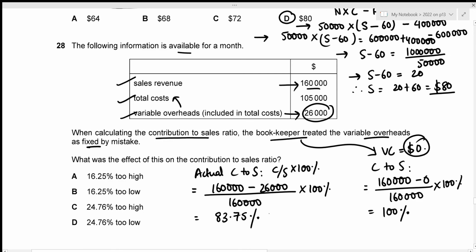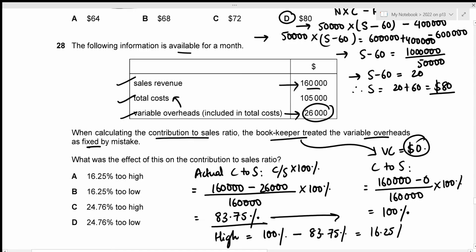So we can clearly see that the effect was that it was higher than it was supposed to be, right? Let's figure out the higher value, that's 100%, minus the actual value of 83.75%, which is 16.25%. So the contribution to sales ratio is 16.25% higher than its actual value. And this answer is given in option A.